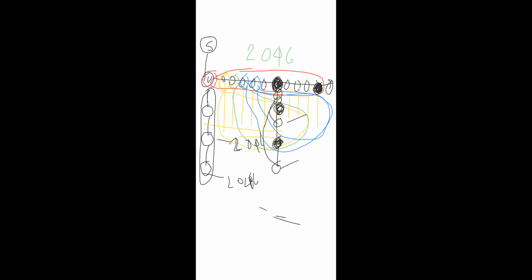So the amount of downliners you have in your network is very important.